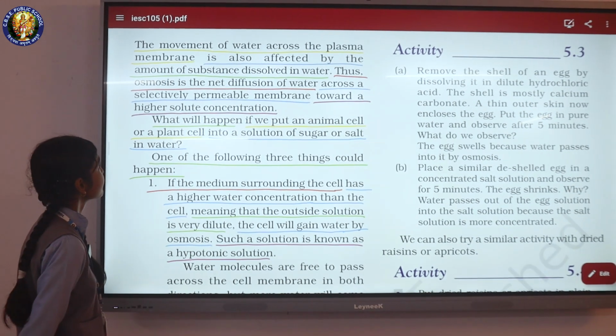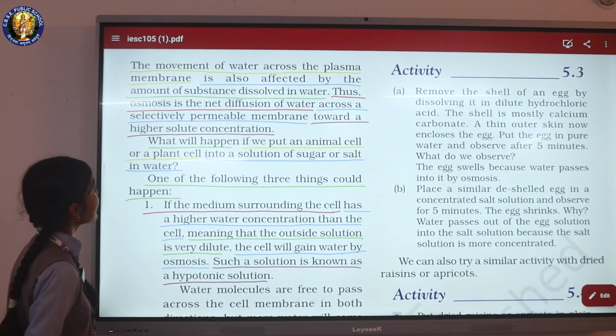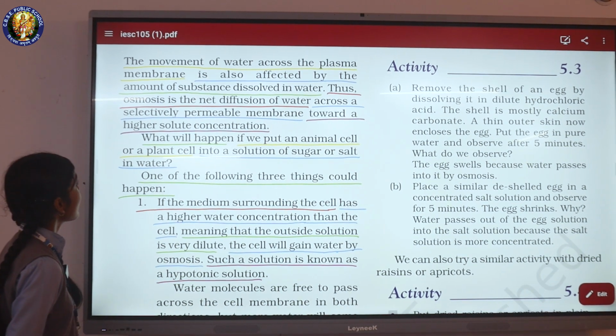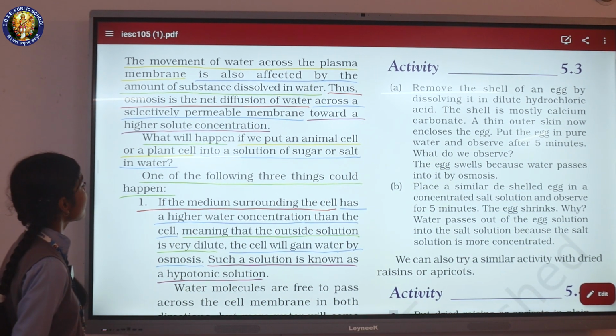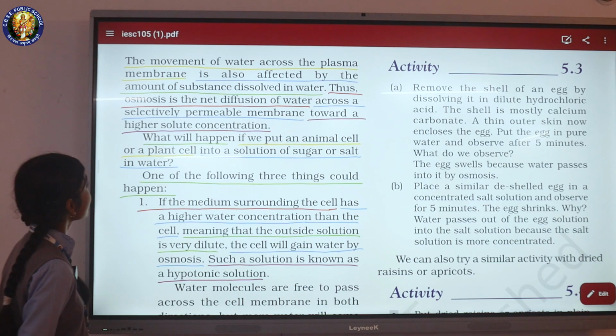Thus, osmosis is the net diffusion of water across a selectively permeable membrane towards a higher solute concentration.